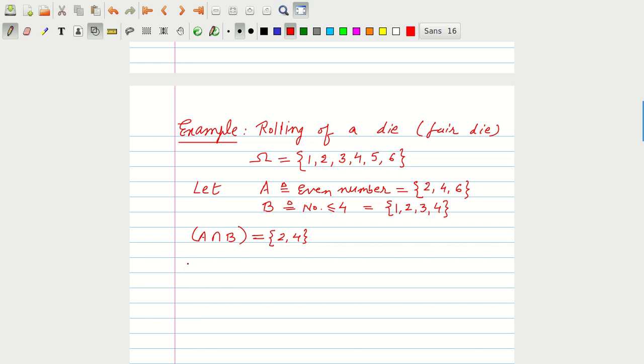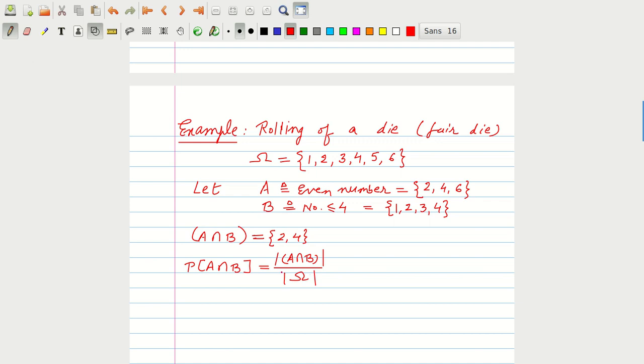Let us compute the corresponding probability, joint probability, probability of A intersection B, and that can be easily given as the number of points in the event A intersection B upon the number of sample points, or using the cardinality notation we can write probability of A intersection B is the cardinality of A intersection B upon the cardinality of the sample space.